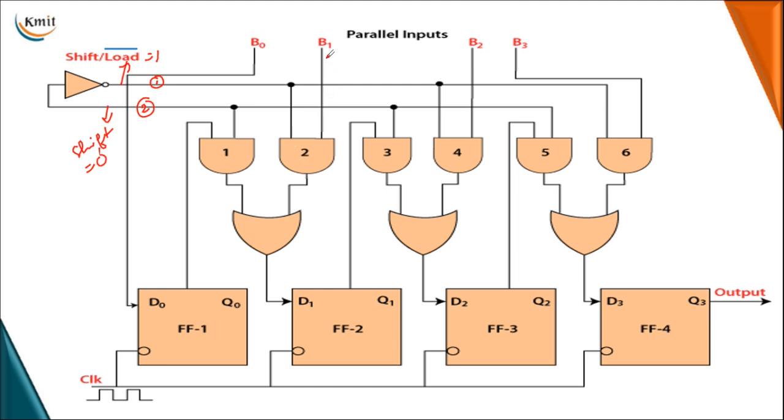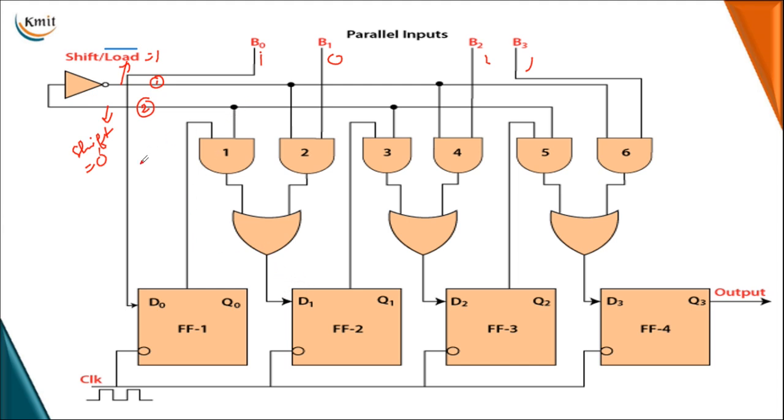So when these are enabled, for example, say I want to load the data 1011 parallelly. What I'm going to do is enable load bar with logic 1 by transferring a logical 0 on your shift line. So load bar becomes logic 1 and the first line will be activated with logic 1. So it will provide a path from all the even numbered AND gates to your data inputs.